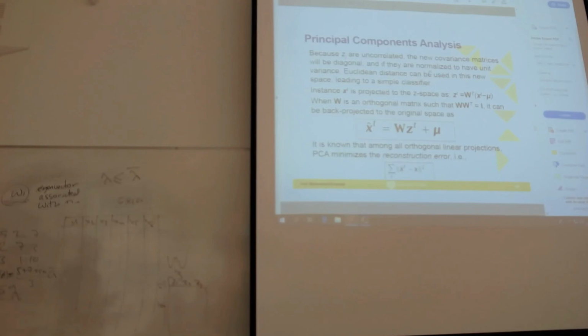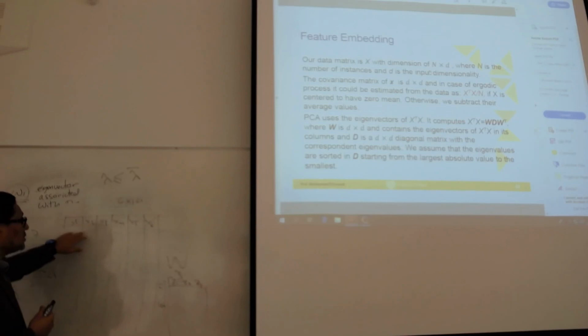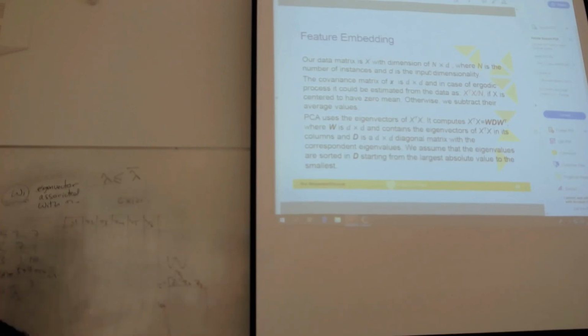Okay, here is just a simple extension of the problem, if we want to look at what is called feature embedding. Sometimes we already have a small number of dimensions, but a much larger number of samples.